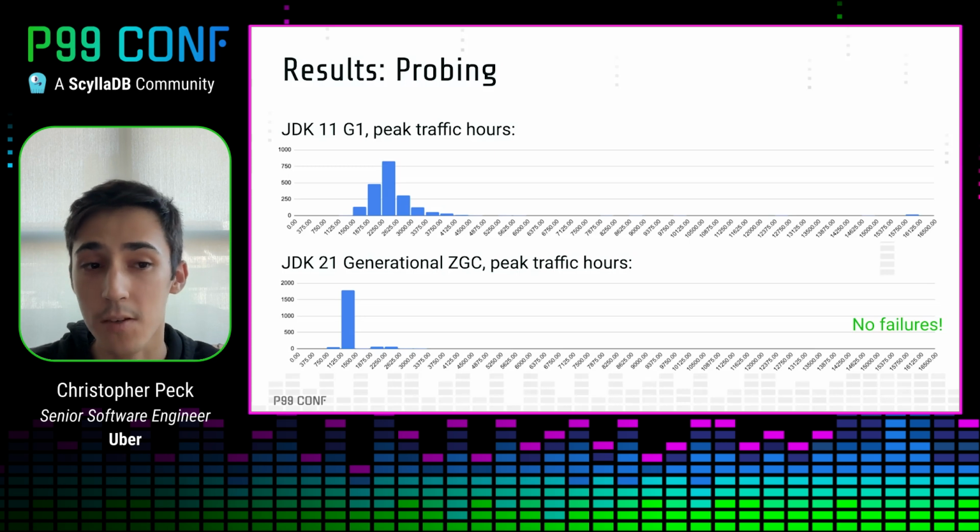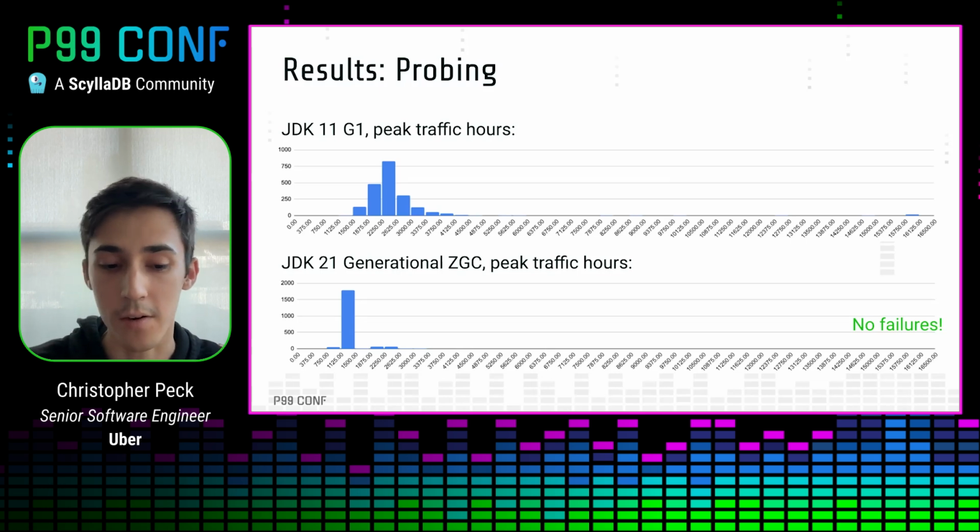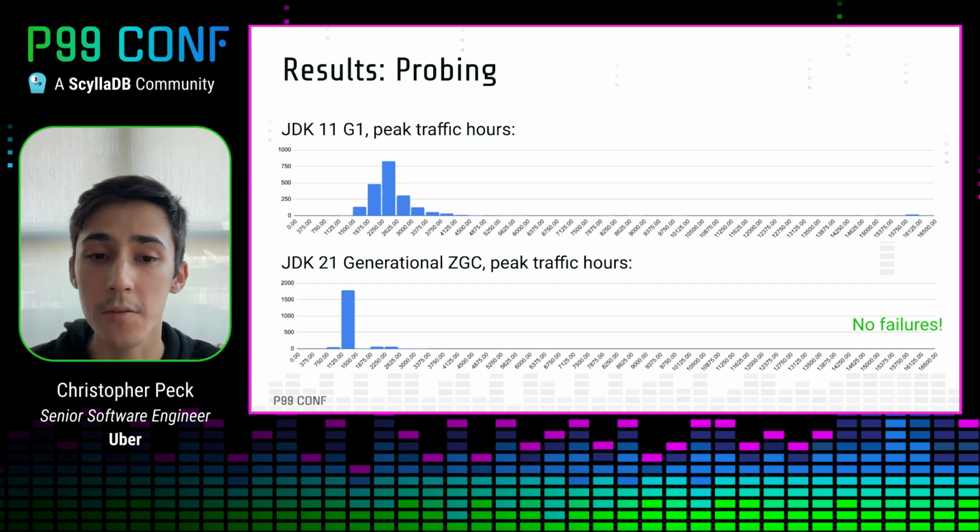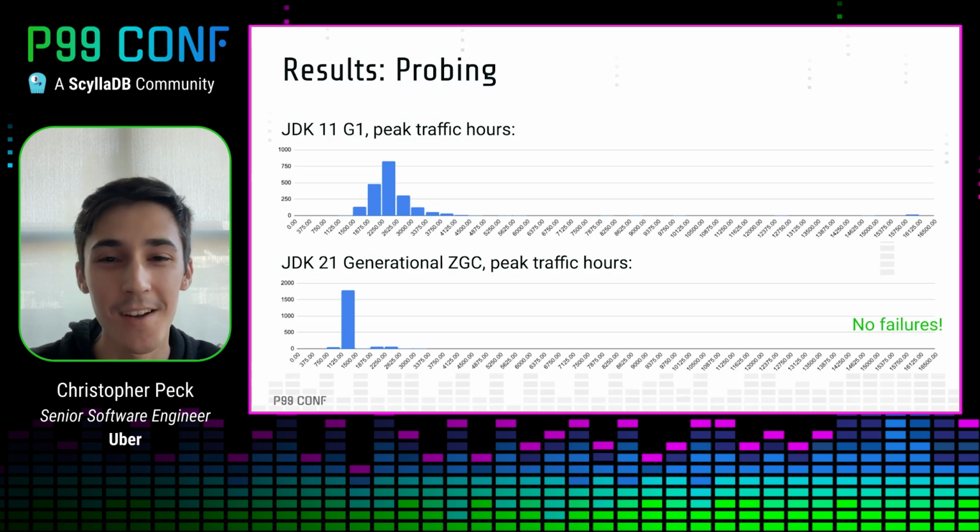When we went to JDK 21 and generational ZGC, we saw very, very consistent performance even at the broker level. So this is, again, no longer the distribution of server response times, but broker response times. And this shows us that the actual server response times are extremely consistent. The other benefit, shown on the right, is no failures.